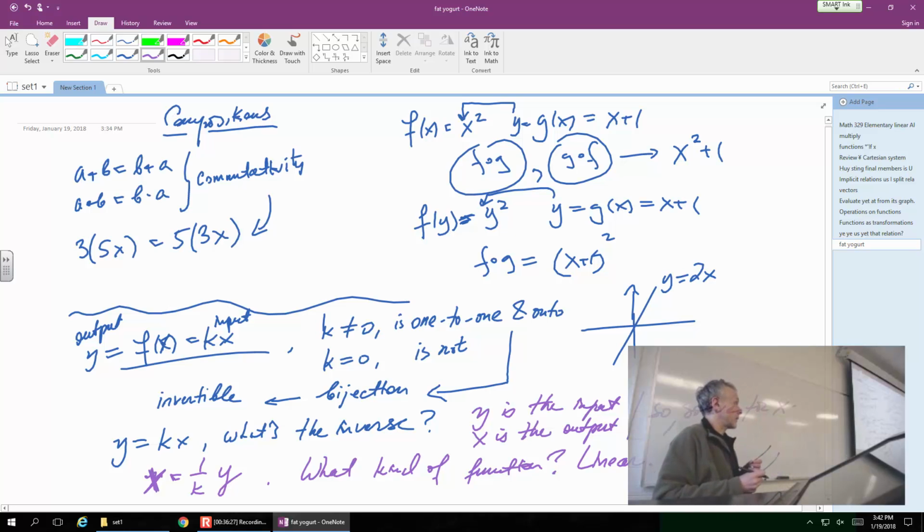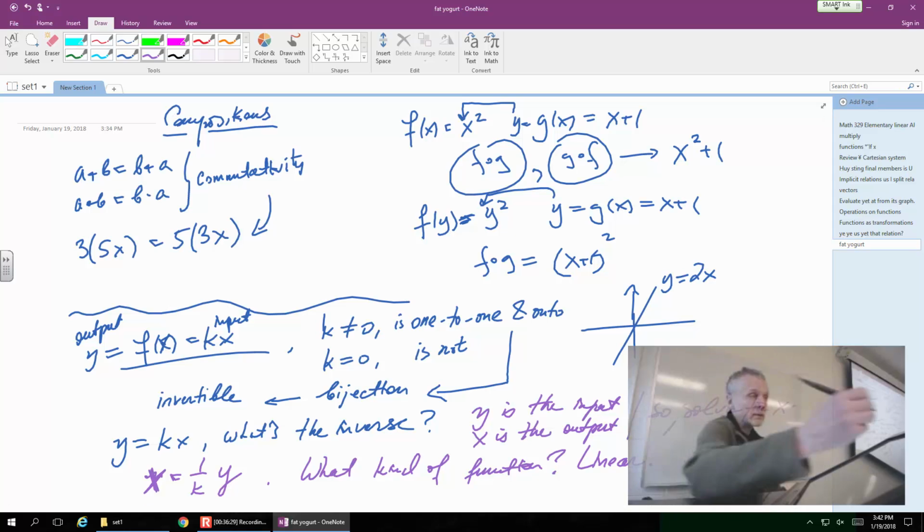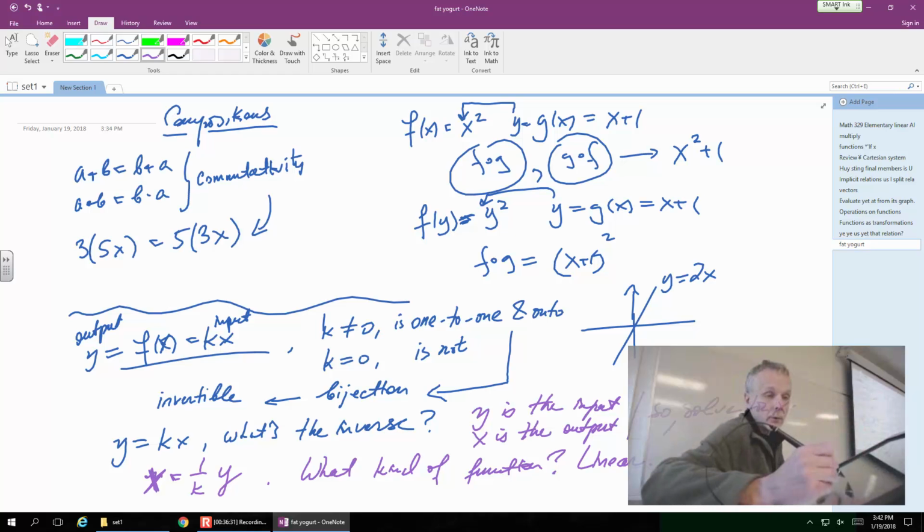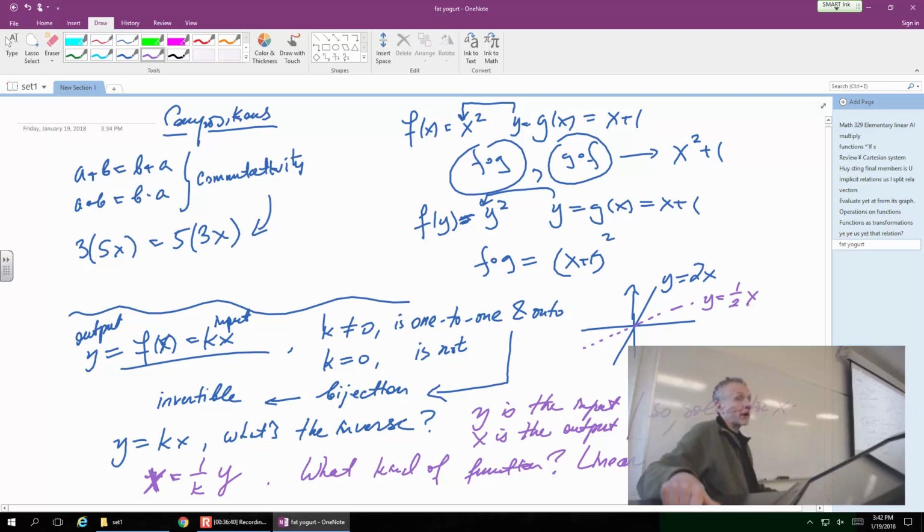So you might remember how you find the graph of the inverse. So this is y equal 1/2 x. It's very easy to find the inverses of linear functions, whether you do it by algebra, I mean, this cannot be any simpler, and geometrically too. Remember how I got one straight line from the other?